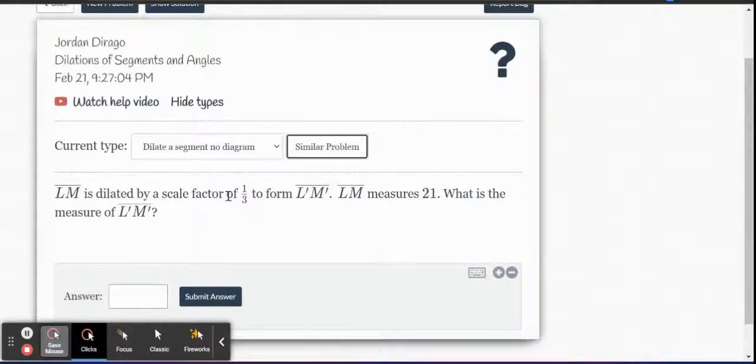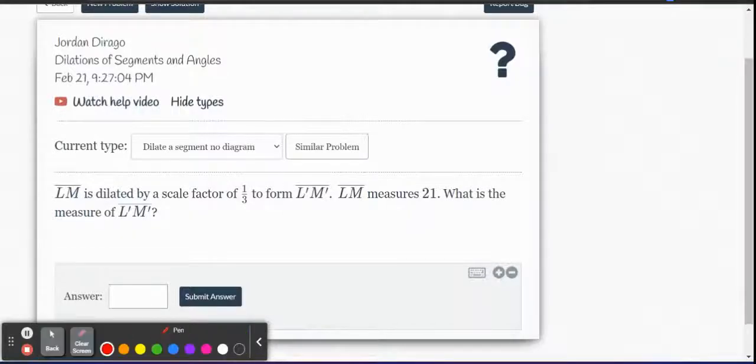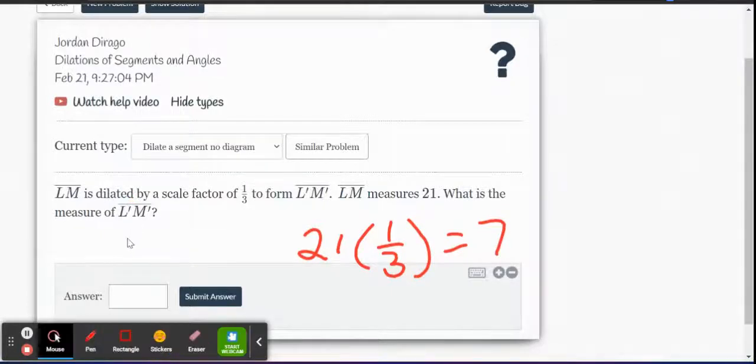LM is dilated by a scale factor of 1/3 to form L prime M prime. The original, without the primes, is 21. So when I multiply that by the scale factor, 21 times 1/3, which is 7, that is going to be the length of it after it is transformed. So I'm going to put in 7.